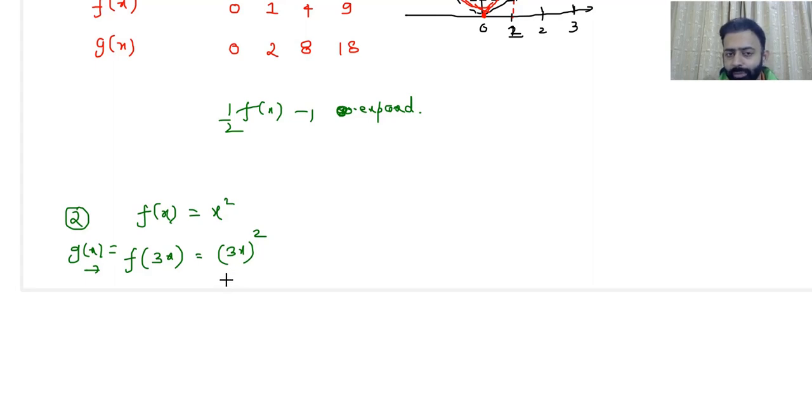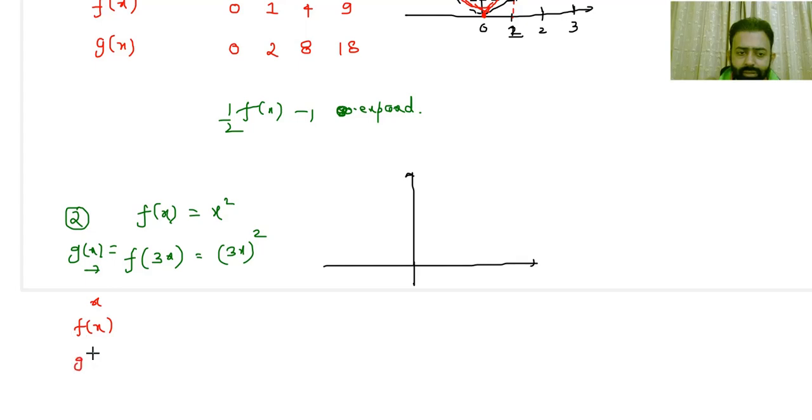So let us not open it. So how will the function look? Let us again make a table. This is your x, this is f(x), and this is g(x), which is actually f of 3x.